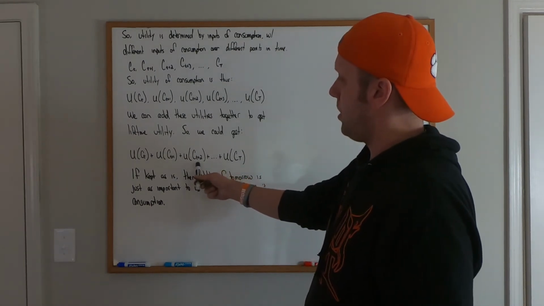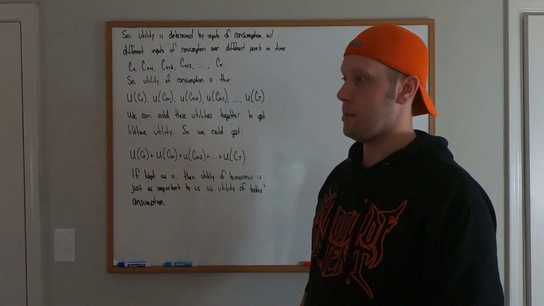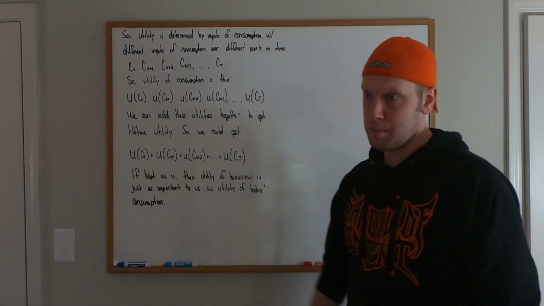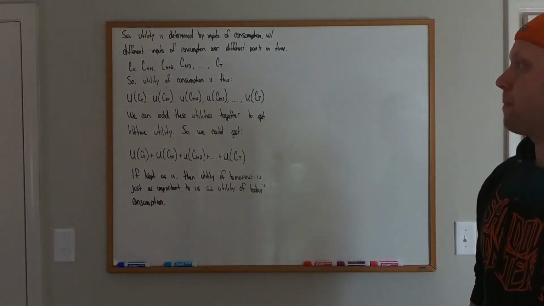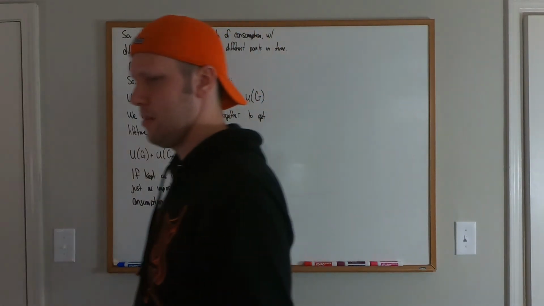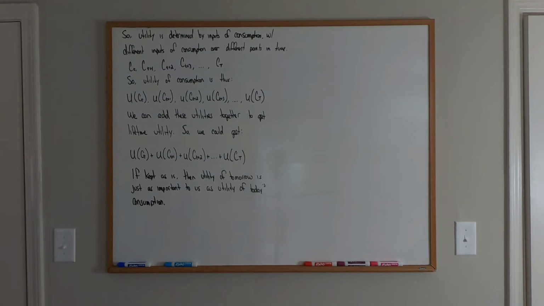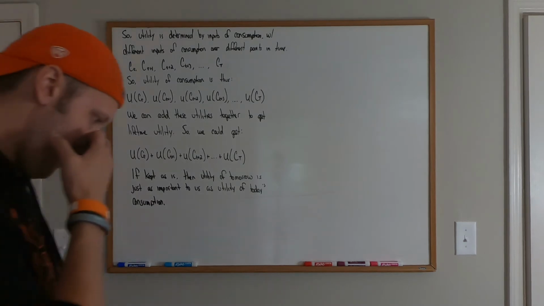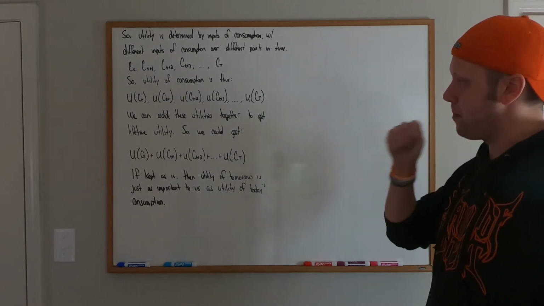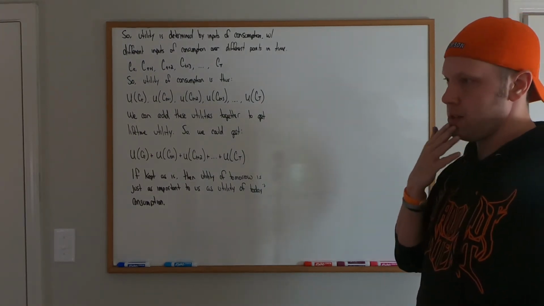But utility of consumption 2 days from now is equally as important to us as utility of consumption today. Utility of consumption at the end period is, again, just as important to us as it is today. Now, you might go, well, yeah, duh, that makes sense. Why wouldn't that make sense? Well, imagine you're planning for your family. You have a certain amount of income today, and you need to figure out how much is going to be spent on consumer goods, how much is going to be spent on investment goods, or how much you're going to spend on saving. Well, currently, tomorrow matters just as much as today does.